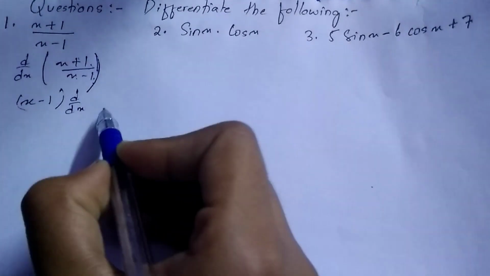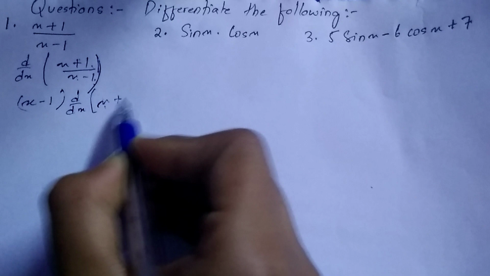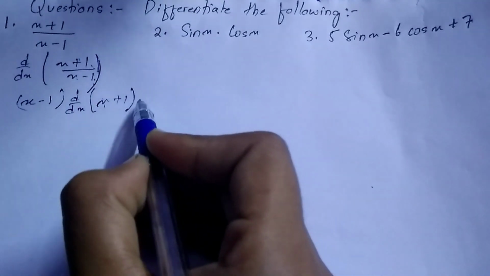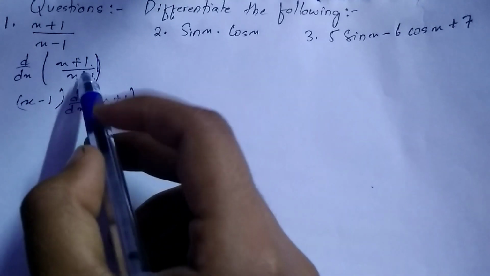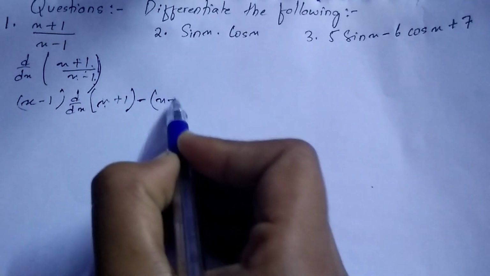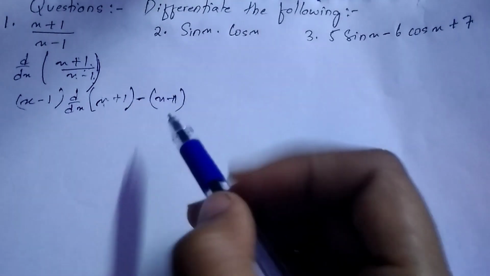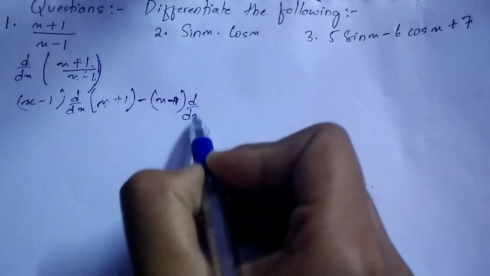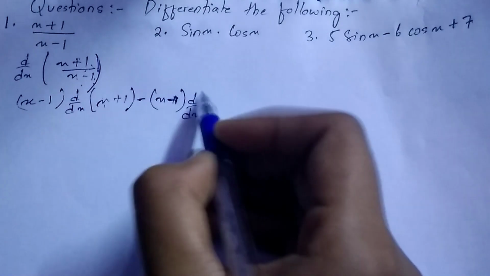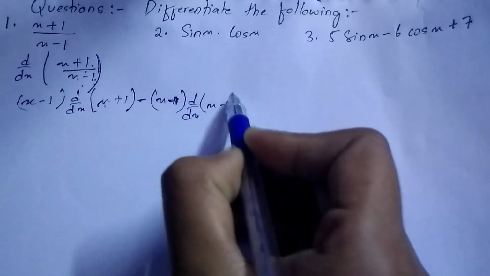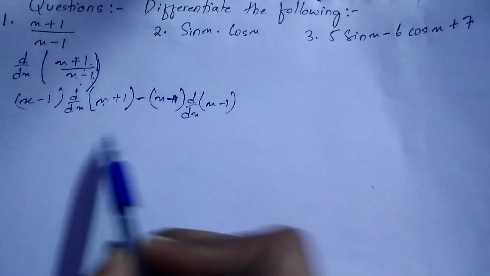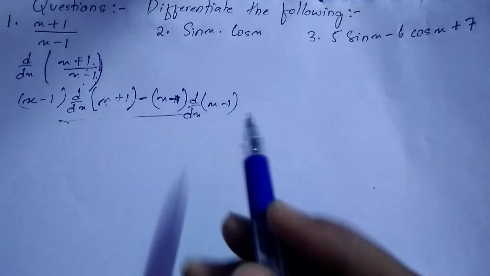U is the upper one, x plus 1. Then minus u, which is x plus 1, times d/dx of v. V is x minus 1. All of this is divided by v square, so you need to write here divided by v square.